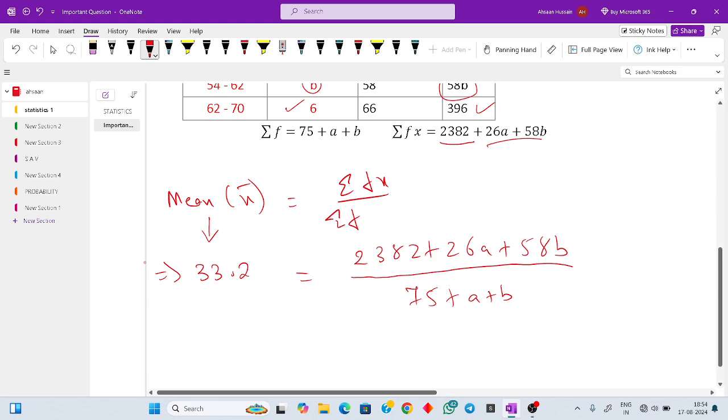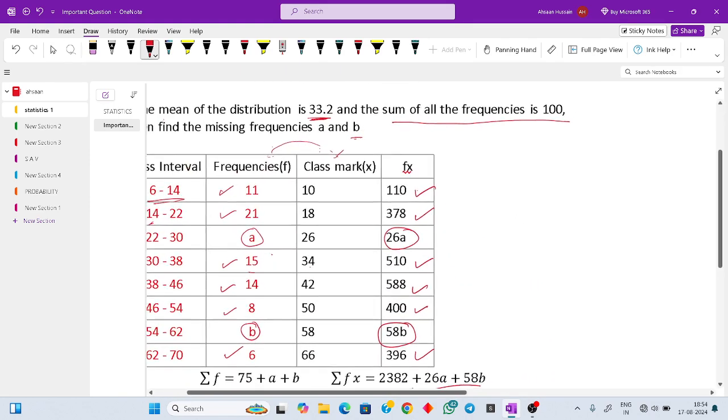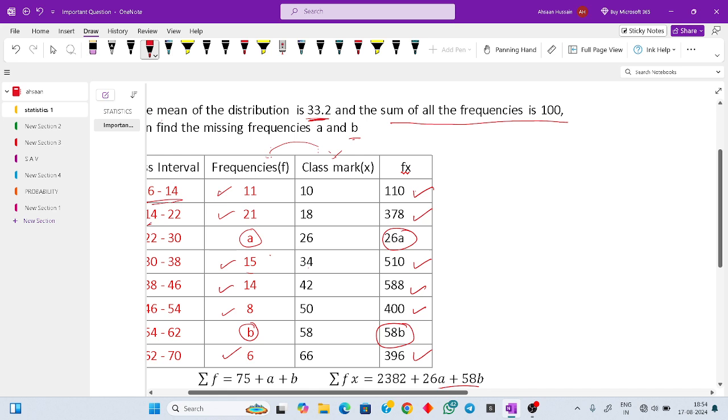Now, see one thing. The sum of the frequencies is 100, right? Which means summation f equals to 100. But here we have got summation f as 75 plus a plus b. So let's put this one, 75 plus a plus b equals to 100.